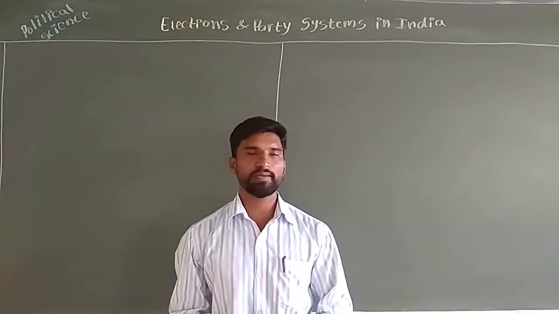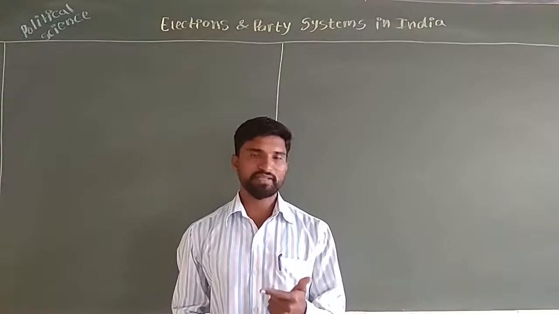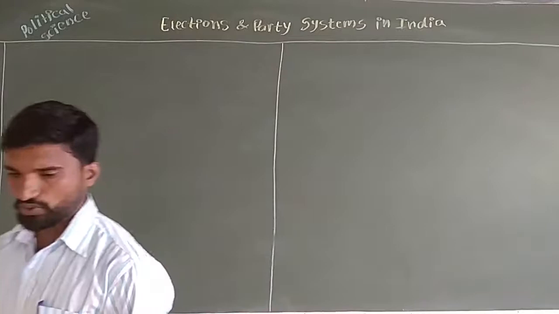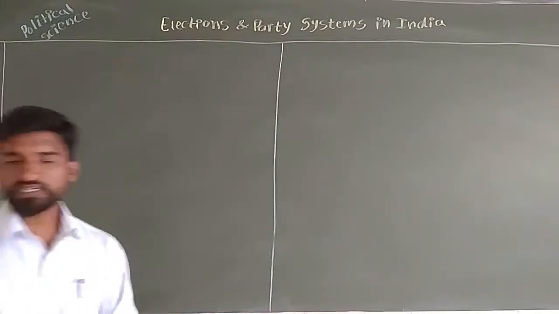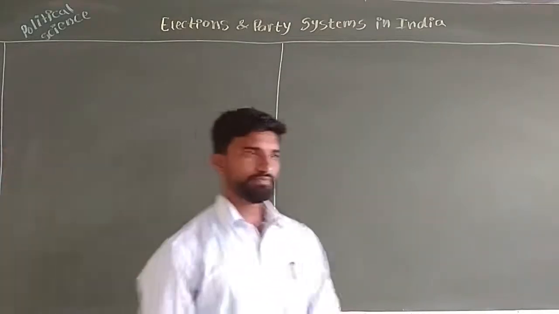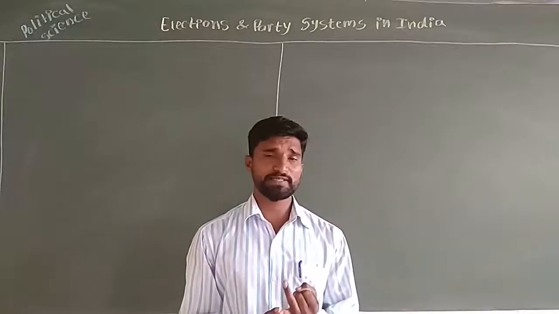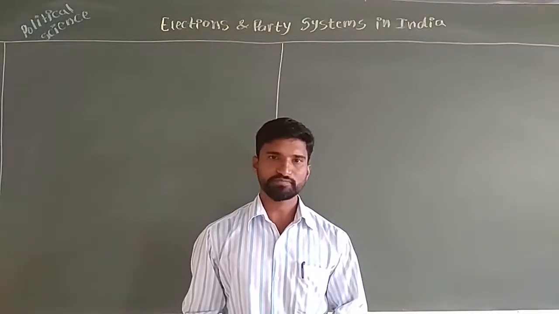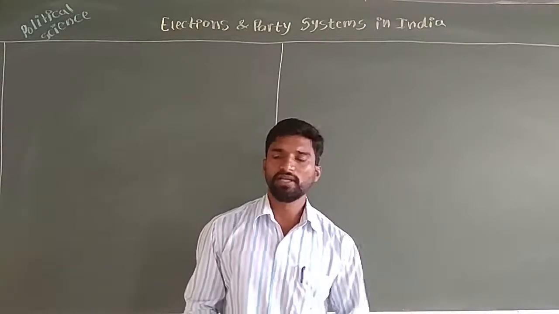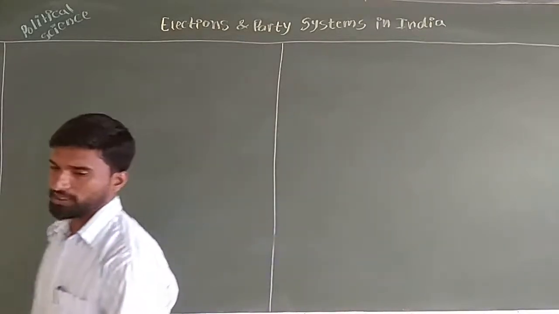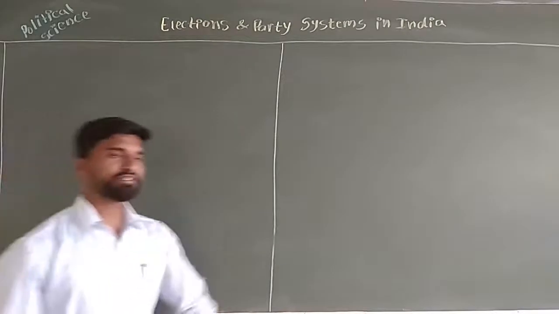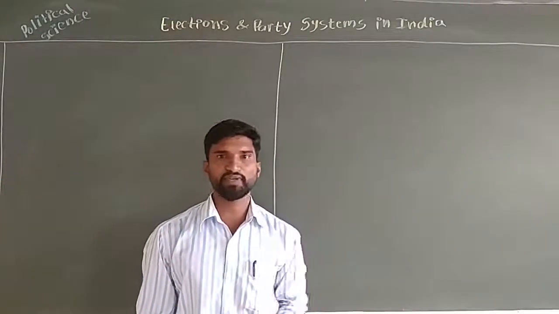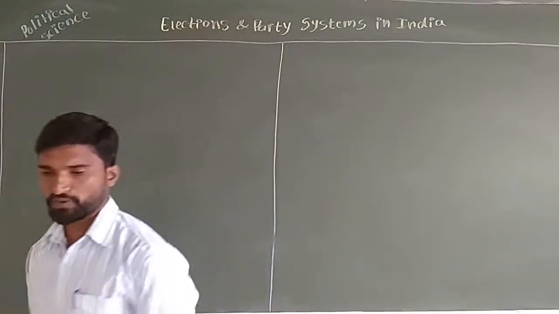Then we will see the Election Commission of India, how it was established, what are the powers and functions of the Election Commission, and how it conducts the elections across the country, from Gram Panchayat to Parliament, all kinds of elections, and what are the procedures for it.